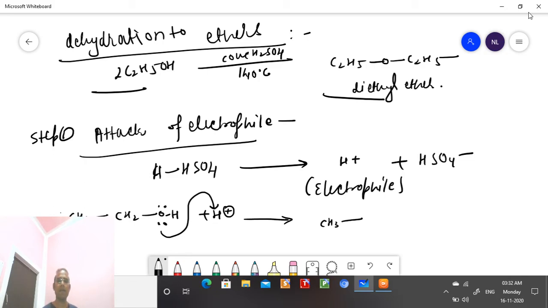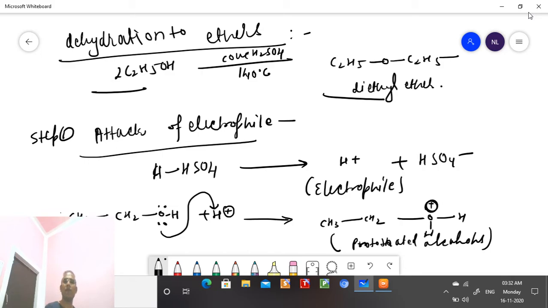CH3, CH2, and here OH, and there will be a positive charge since electrons are moving from one direction to another. This is known as protonated alcohol.